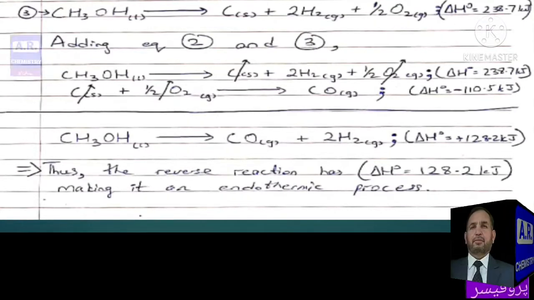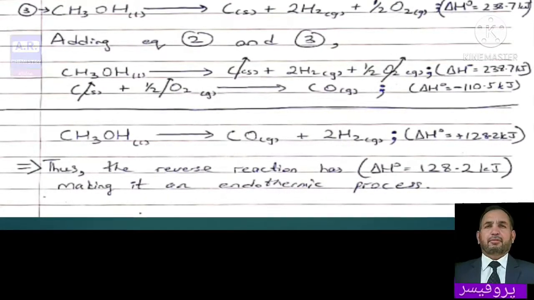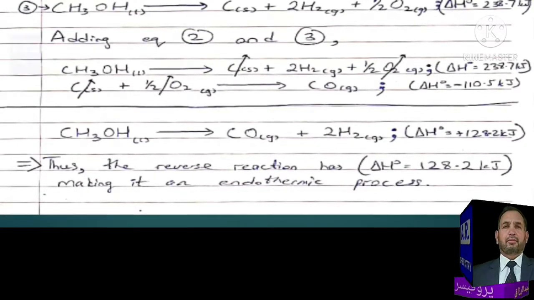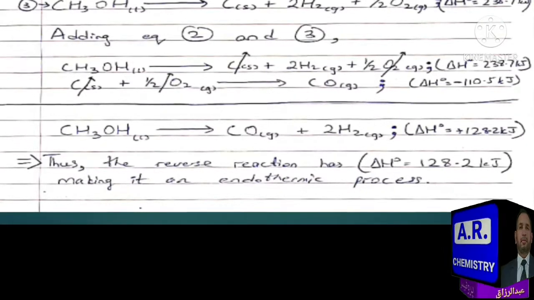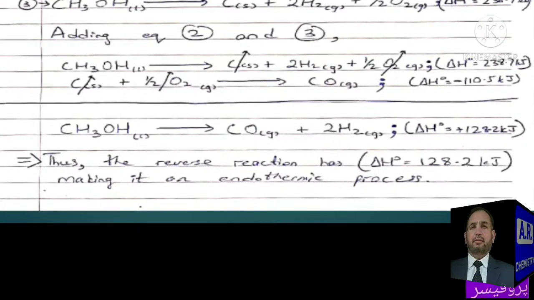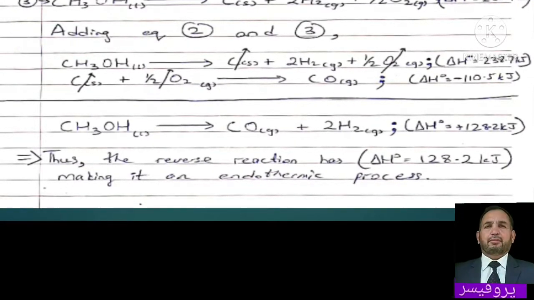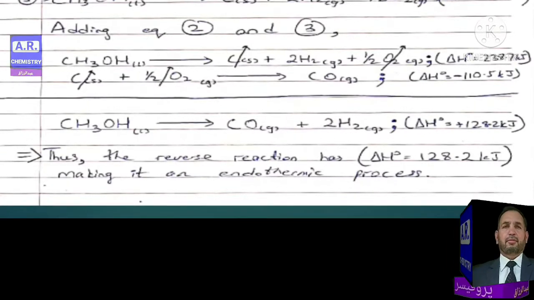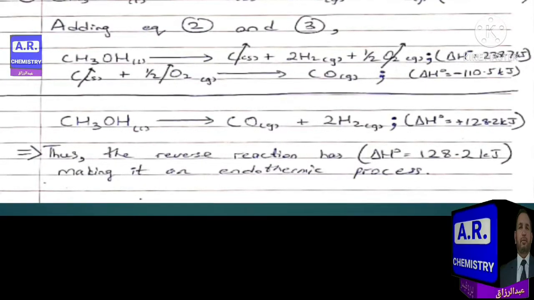Thus the reverse of the given reaction is endothermic, because after calculations, after manipulations, you have a positive enthalpy value. Thus the reverse reaction has delta H naught positive 128.2 kilojoules. So it is an endothermic process or an endothermic reaction.